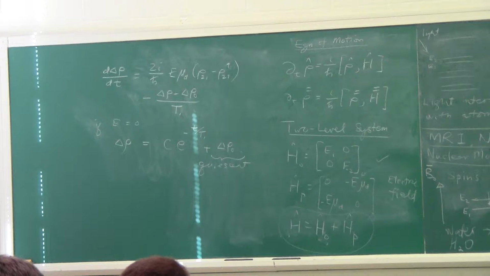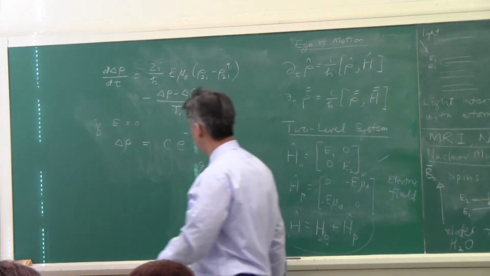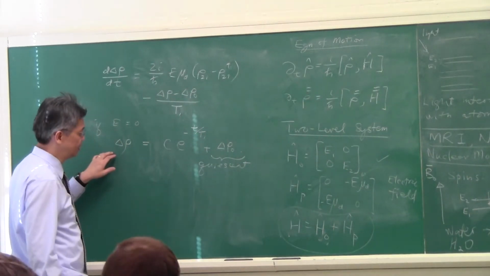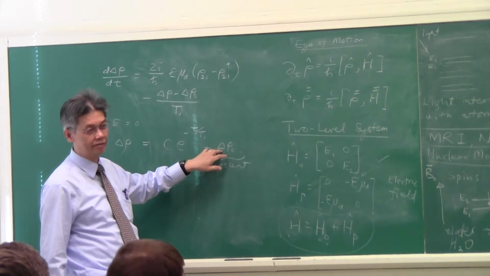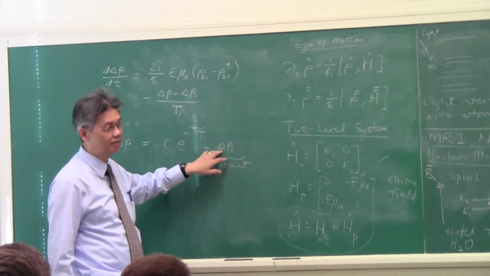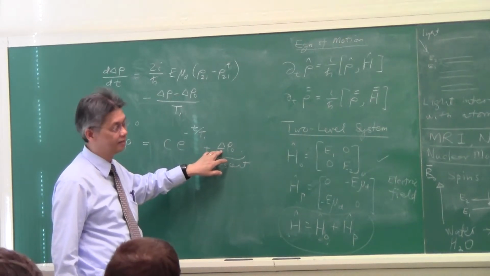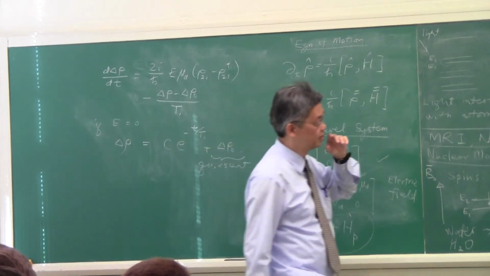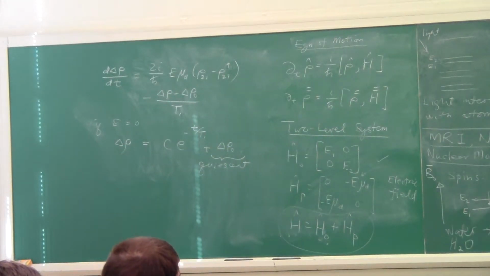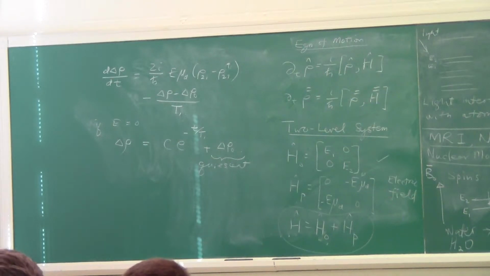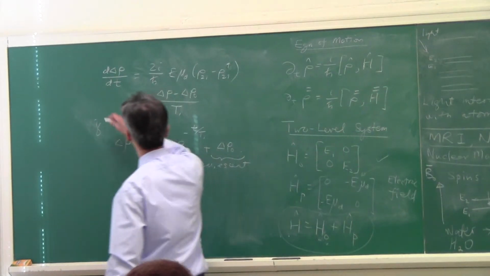If you have many, many atoms that you are observing, what this says is that if there's no exciting electric field, Δρ would reach this quiescent value. So there's a population difference even when there's no electric field exciting the system. And what is causing this population difference is the thermal bath, the energy from the heat around the system. That's what it's saying. Okay? So we modify this equation in this manner.